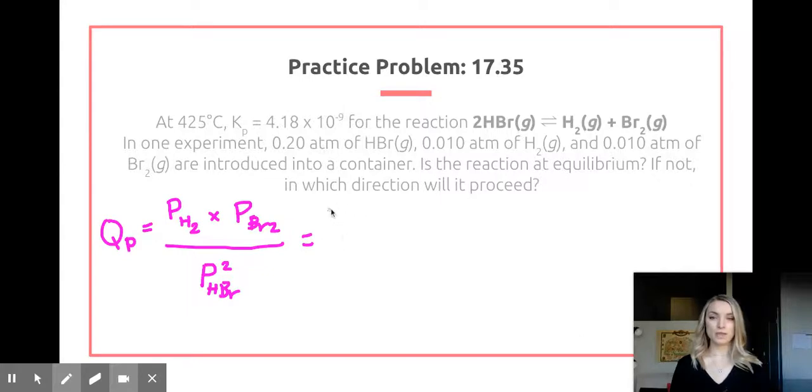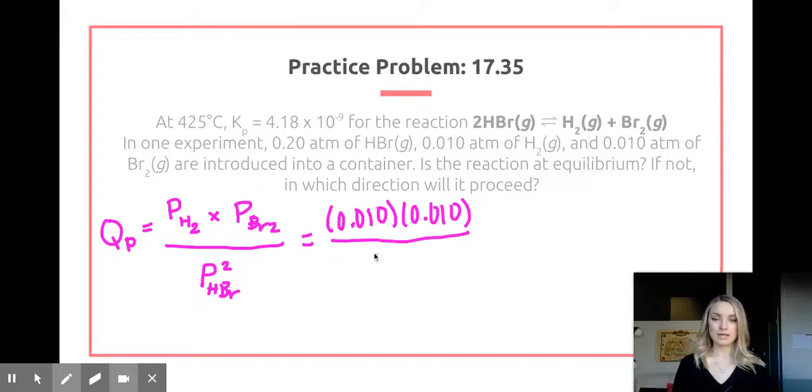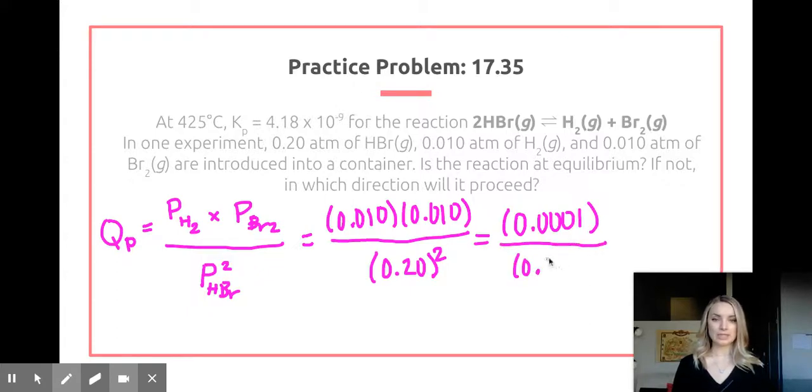So we have 0.010 times 0.010 over 0.20 squared. When we simplify that out, we see 0.0001 divided by 0.04.